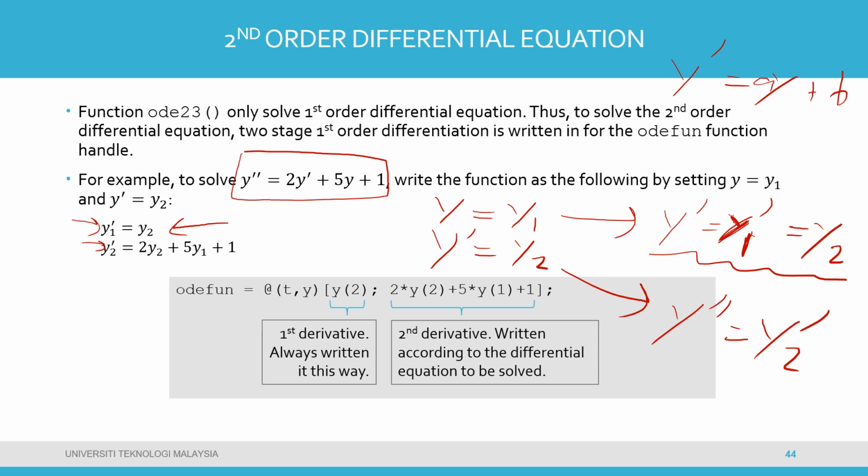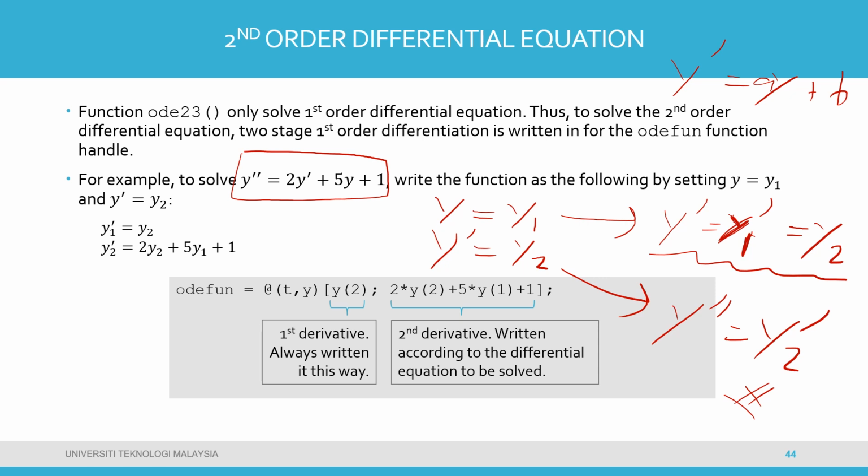That is how you reduce the second order into first order. So y double bar is basically equal to y2 bar, y2 with a single bar. So y2 bar is equal to 2y bar.